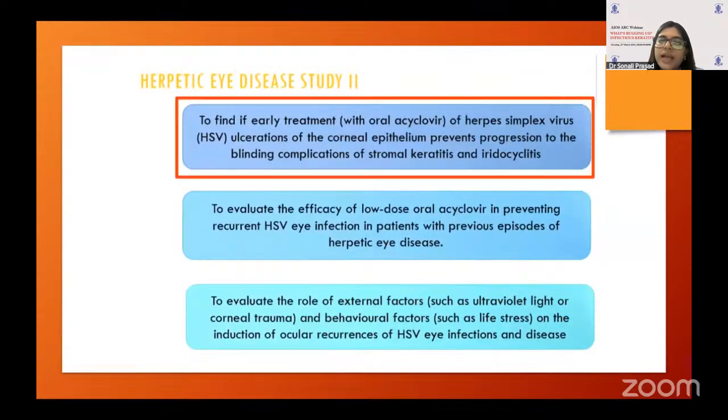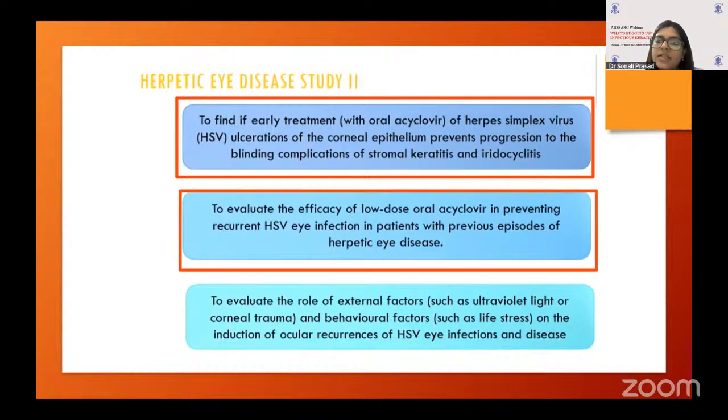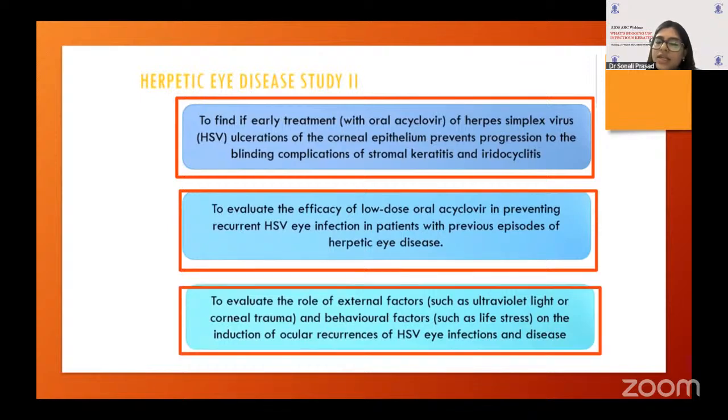Following that, HEDS 2 was also conducted, and this studied whether oral acyclovir had any role on the corneal epithelium to prevent the progression to stromal keratitis and iridocyclitis. The second question it answered was whether low-dose oral acyclovir is helpful in preventing recurrent HSV keratitis. And third was to study the role of any external factors on the viral keratitis.